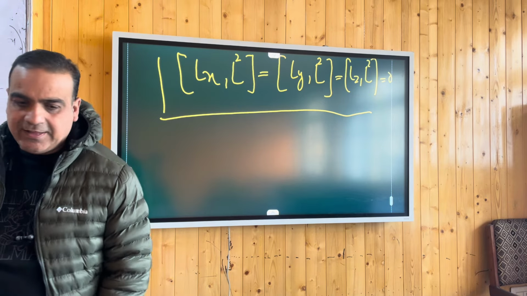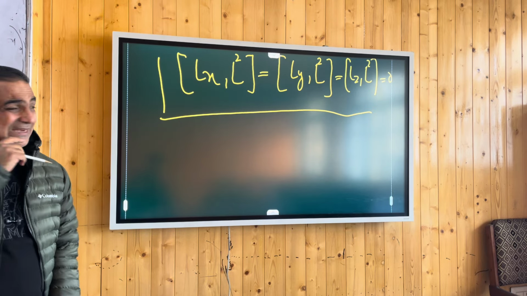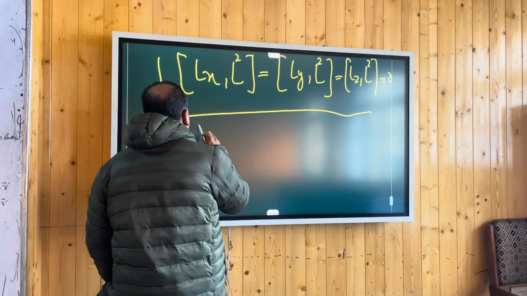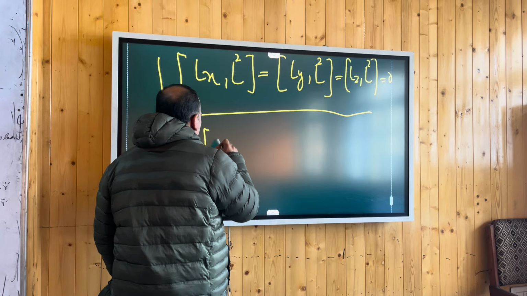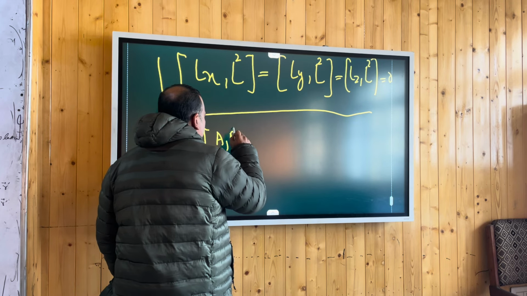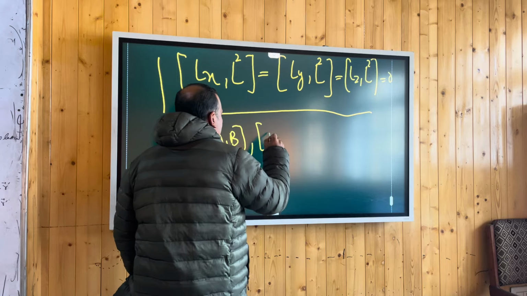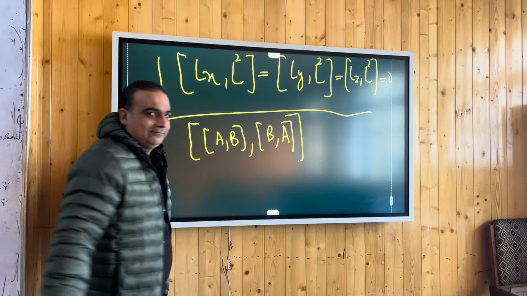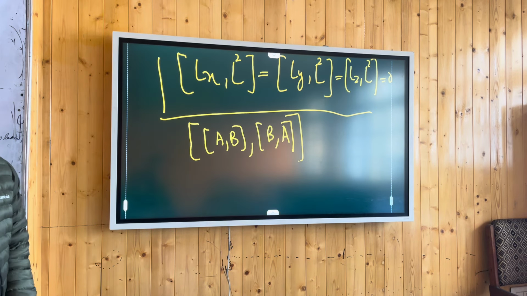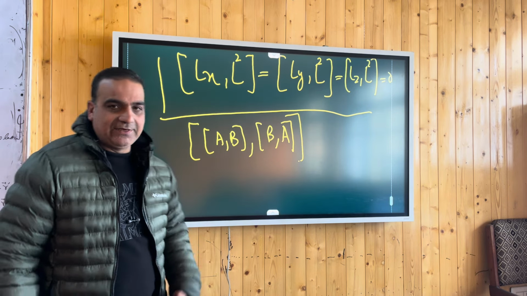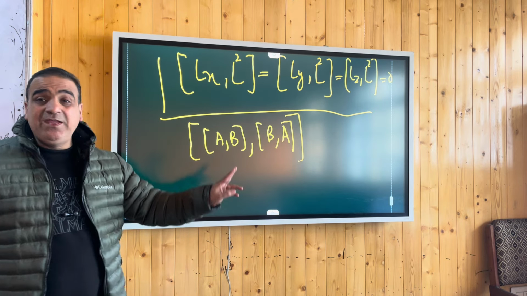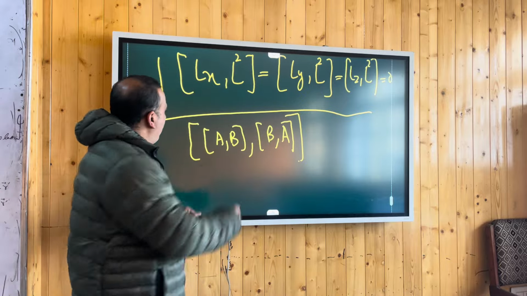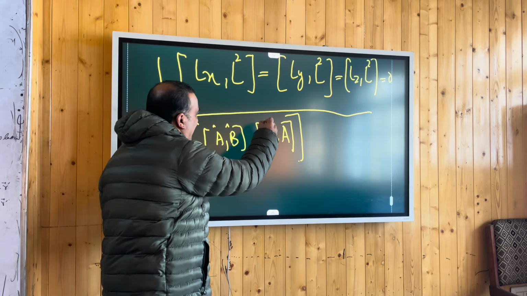Now, doing some algebra, suppose I have a commutator between the commutator of A and B, and the commutator of B and A. A and B are Hermitian operators; I'm not putting the cap, you understand they are operators.